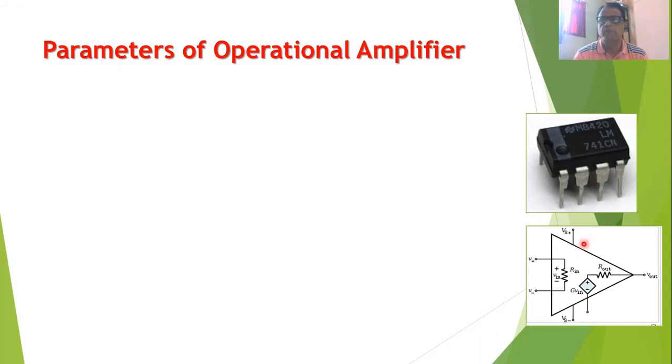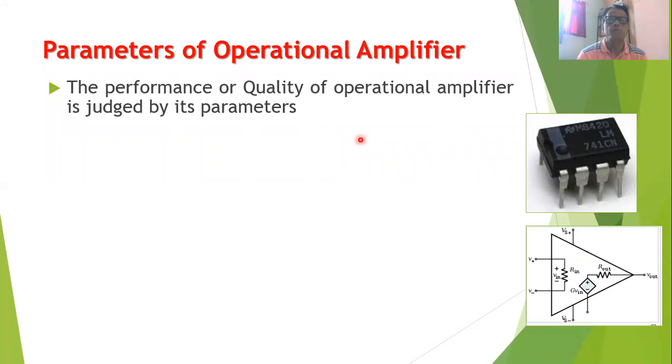In this diagram, we have seen the popular IC741, and this is the equivalent circuit for this IC741. We know that in case of an operational amplifier, there are two inputs, the non-inverting input and the inverting input, and the output is only a single-ended output. This operational amplifier requires a three-terminal power supply: positive, ground, and negative.